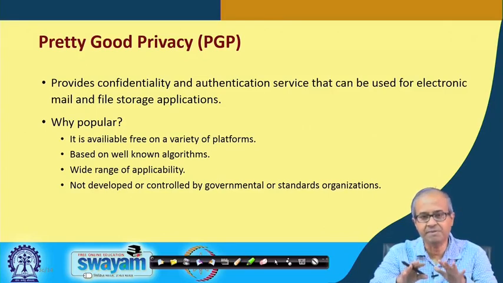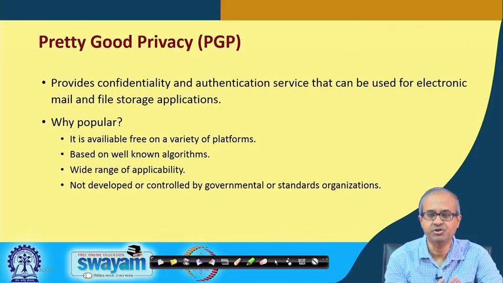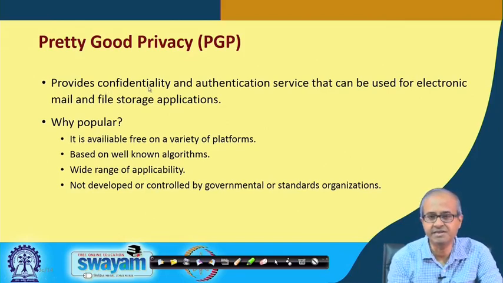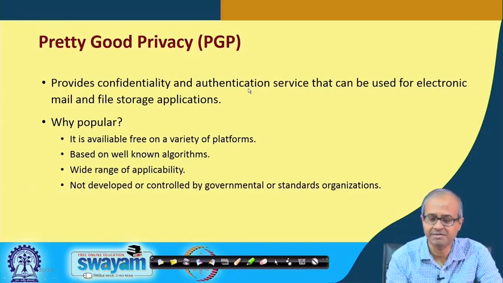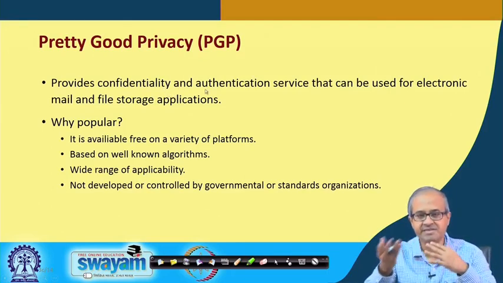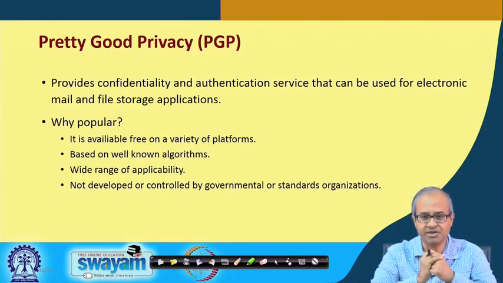But if you have PGP installed on top of your mail server, you can have a host of services in addition, like confidentiality, where your mail will get encrypted so no one can read it, and authentication, where you can verify from whom the mail is coming. These will serve towards having a secure email transport mechanism.